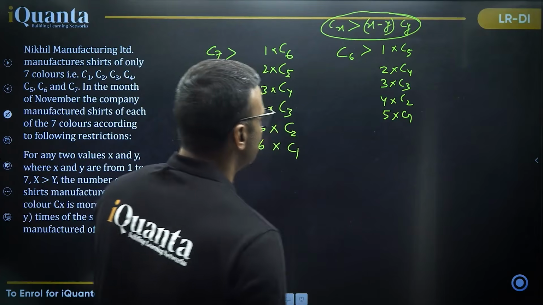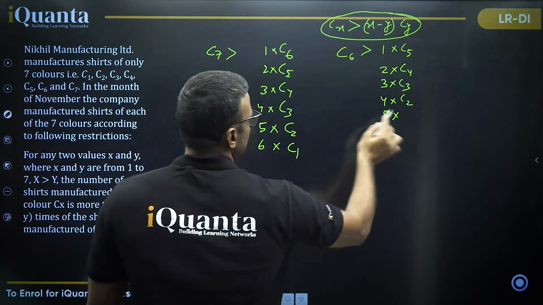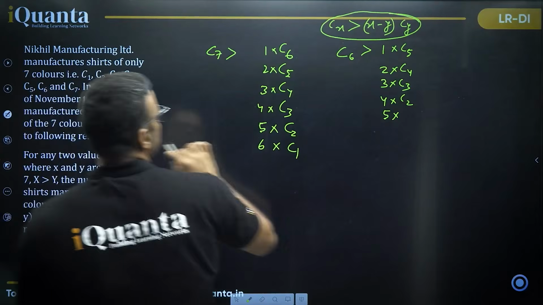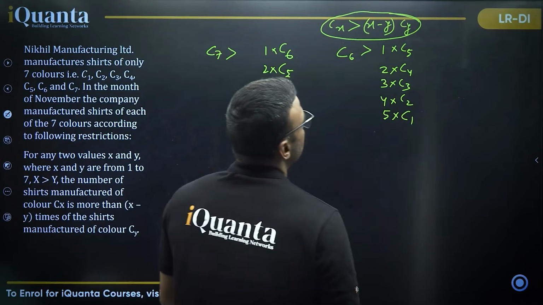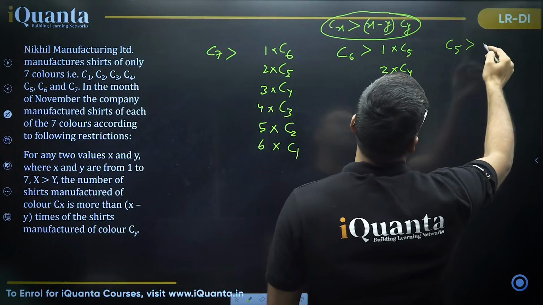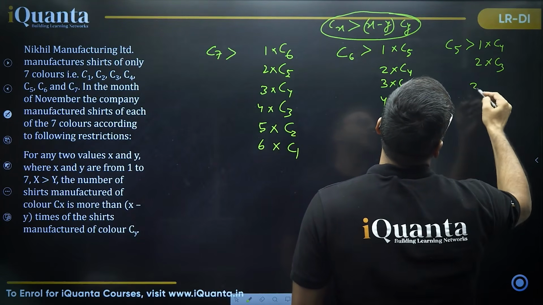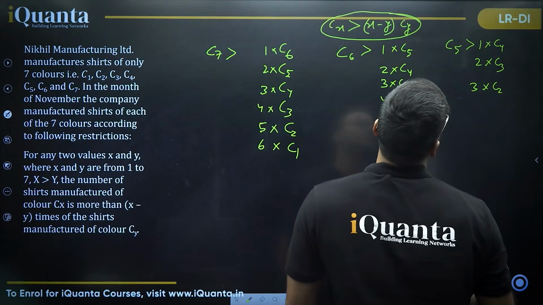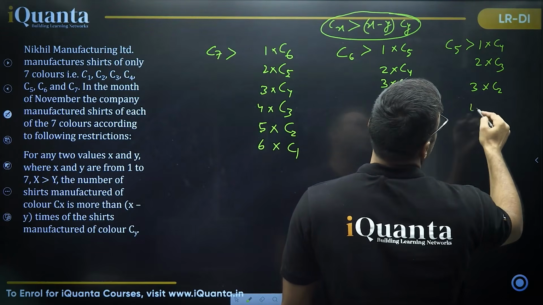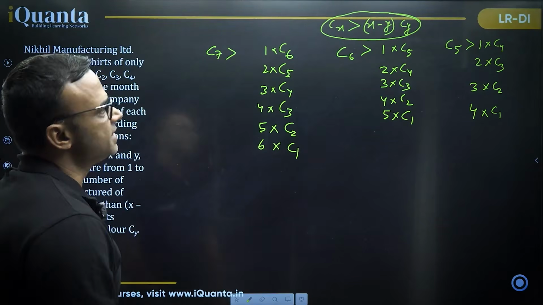So it is reducing. Now C5 should be greater than 1 into C4, 2 into C3, 3 into C2, 4 into C1. Very good. So that's C7, C6, C5.